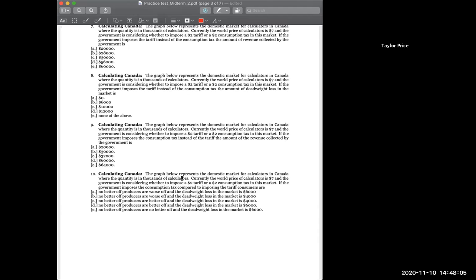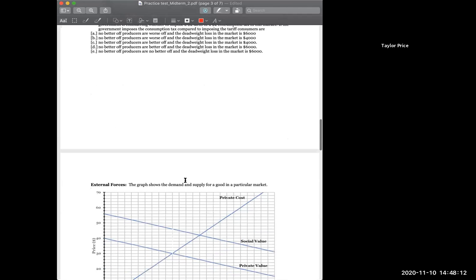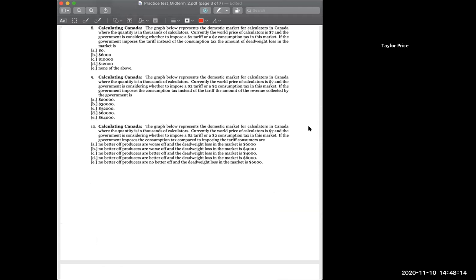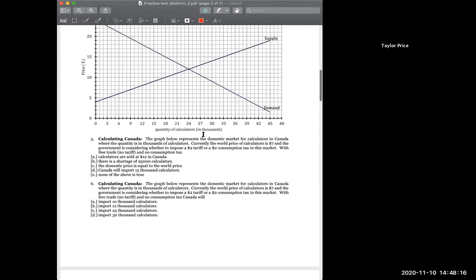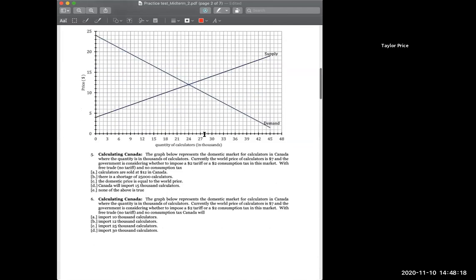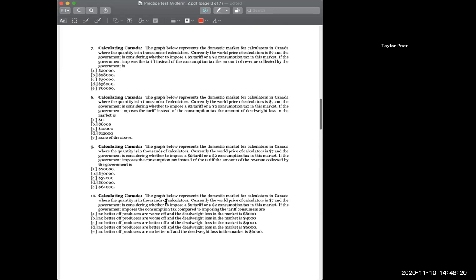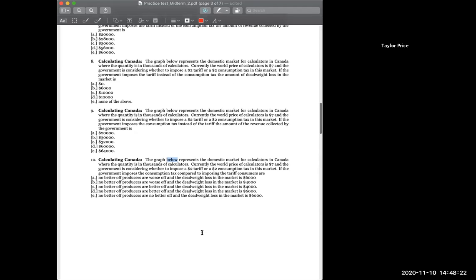Okay, so number 10 is asking about the graph and domestic market for calculators. So I'm assuming the graph should be the graph above, not the graph below. It's asking about the graph that represents the domestic market for calculators in Canada, where the quantity is in thousands of calculators.